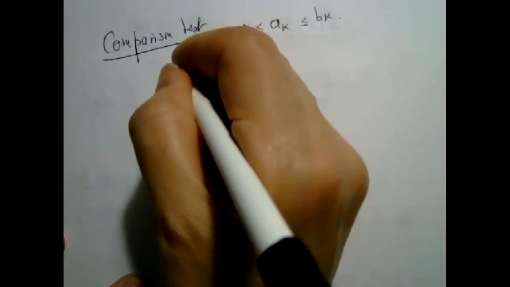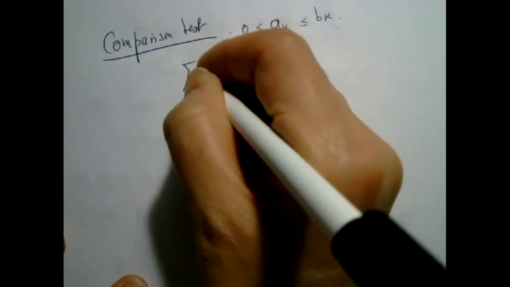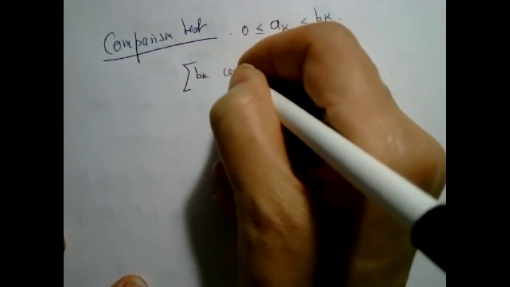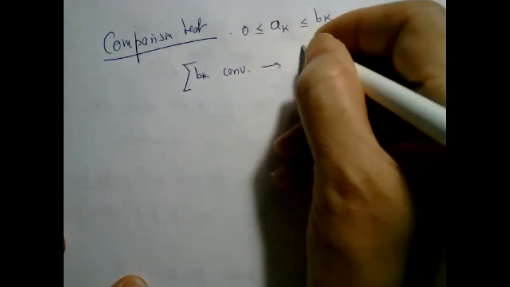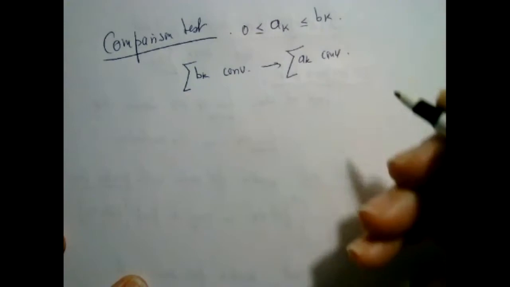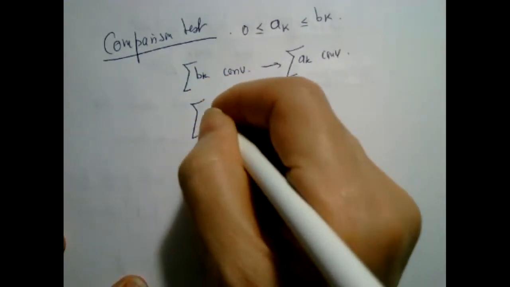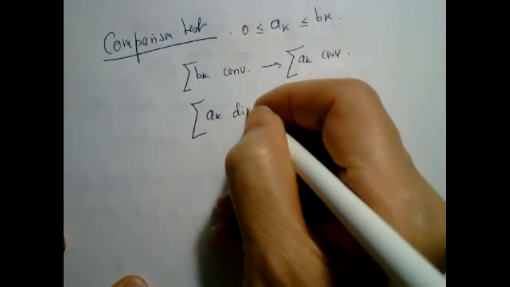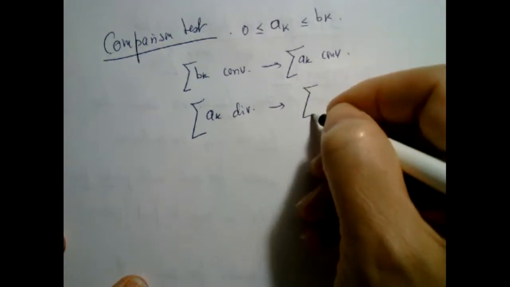We're not taking a limit anymore. So we have to build an inequality. And then we know what it tells me: if the largest converges, then the smallest will converge. If the smallest diverges, then the largest will diverge.